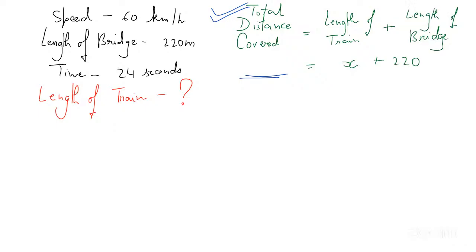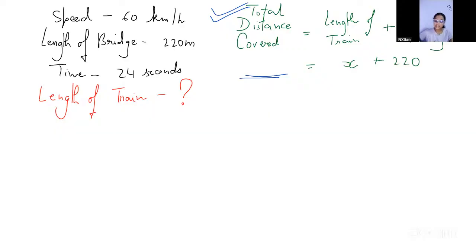For this, we have time taken is 24 seconds. Okay. So now we know that we take 3,600 seconds. 60 km was my speed, multiplied by 1,000 meter.